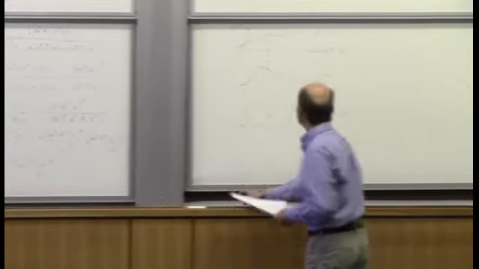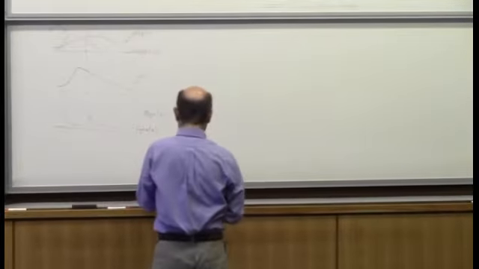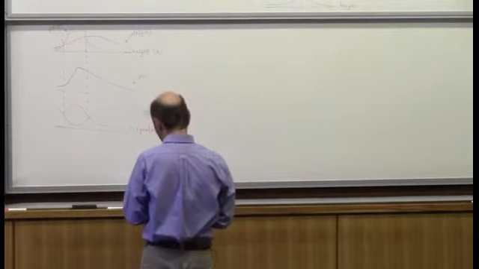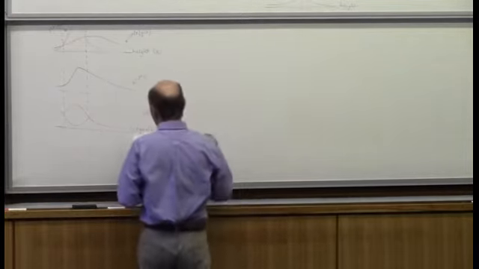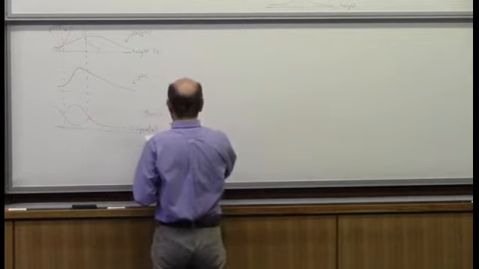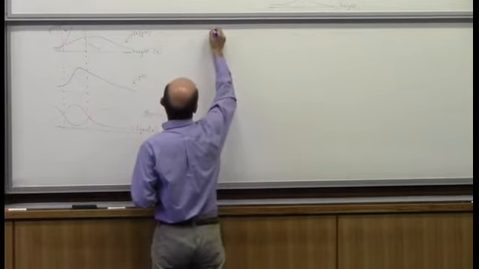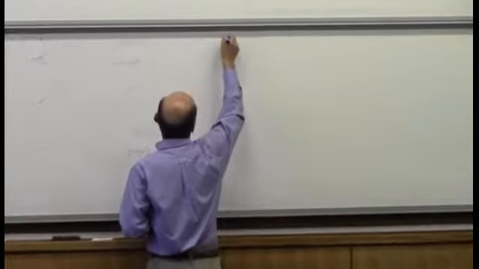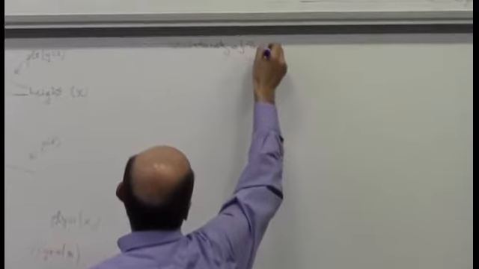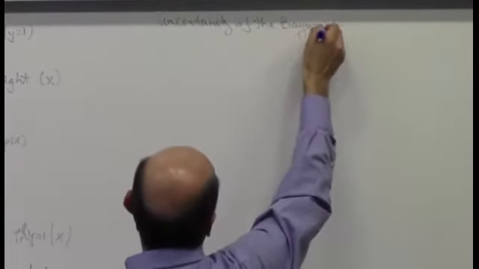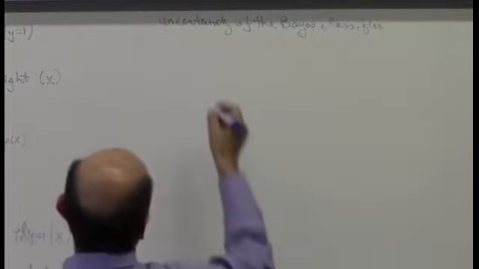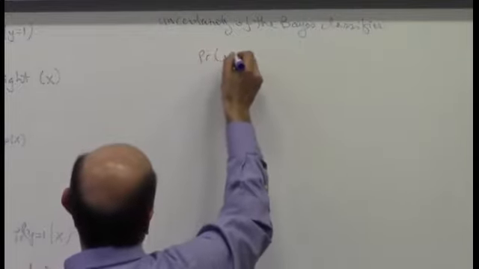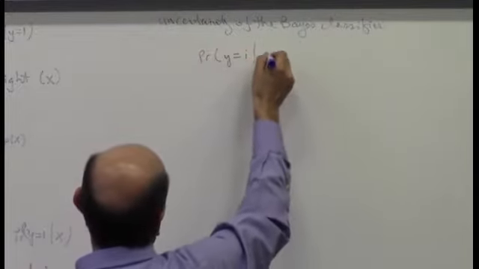What I want to show you is how to compute that posterior variance. That's your uncertainty about your classifier. And here's how we're going to do it. Let me show you what I mean. I have a probability of y being equal to class 1 given x.